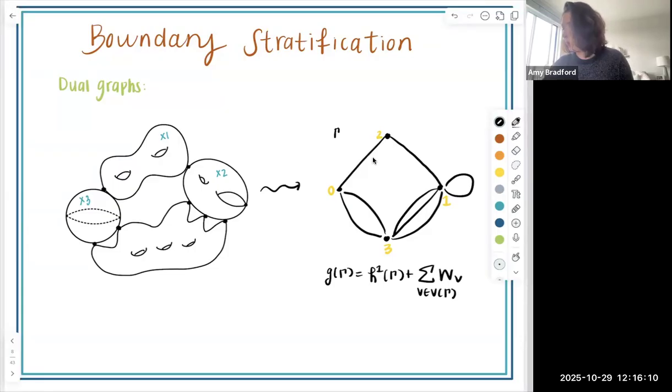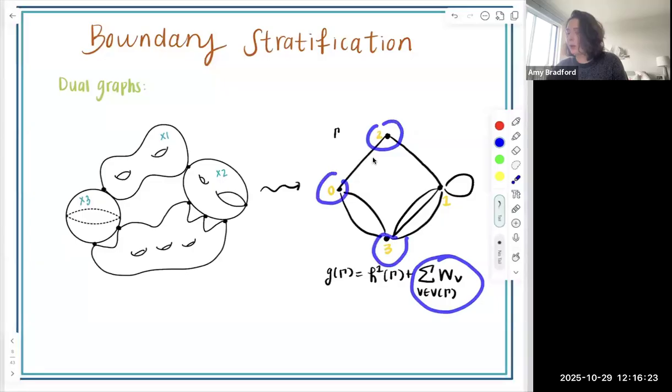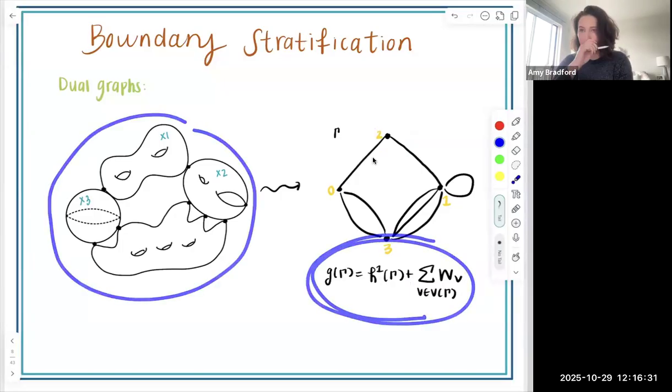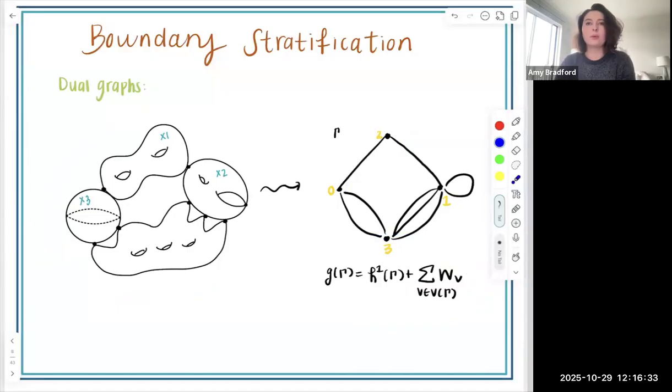So in this particular case, h^1 is going to be 5. Then we would sum up all of the weights on the vertices, and that's how I would assign a genus. And it's a fact that if I do it in this way, the genus of the graph will match the genus of the curve that I started with. So that's why we want to do it.